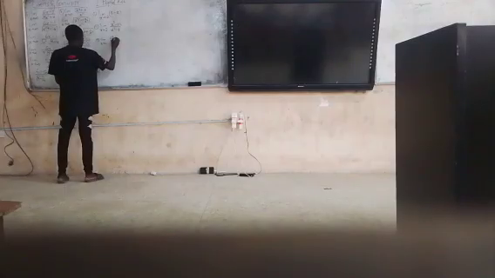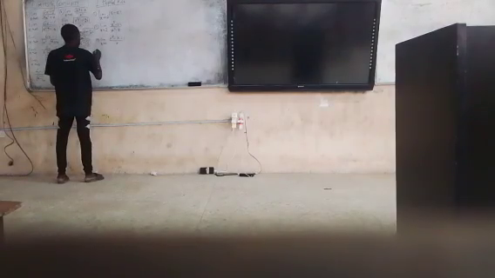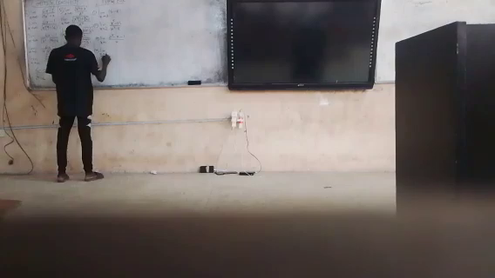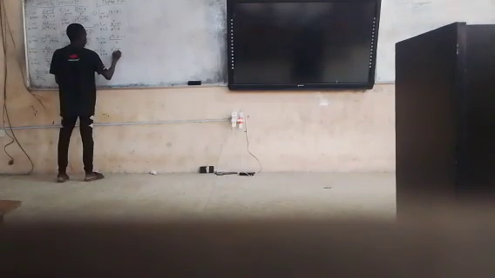Next number 11. Limit as x tends to 4 of x cubed minus 64 all over x squared minus 16. Next one.